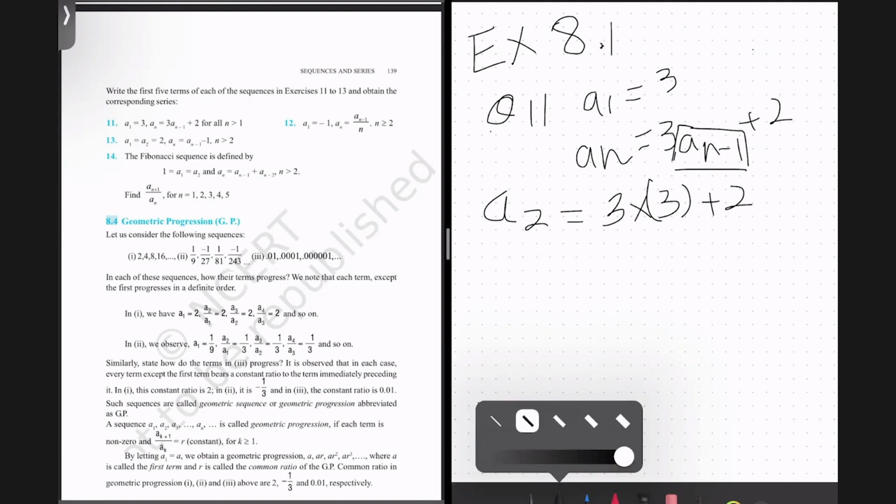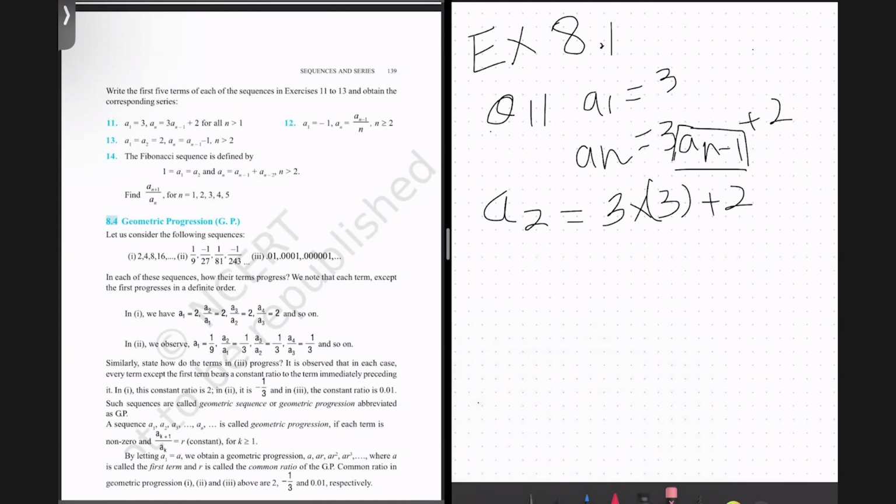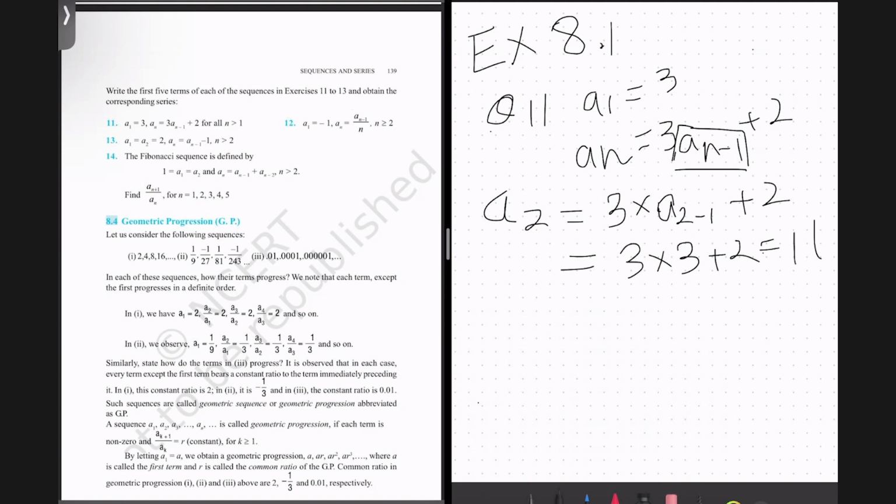So let me just make it very clear for you all, so there's no confusion right here. So A of 2 would be described by 3 into A of 2 minus 1 plus 2, right? So 3 into A of 1 is nothing but 3 plus 2, that would be 11, right? That is your second term.